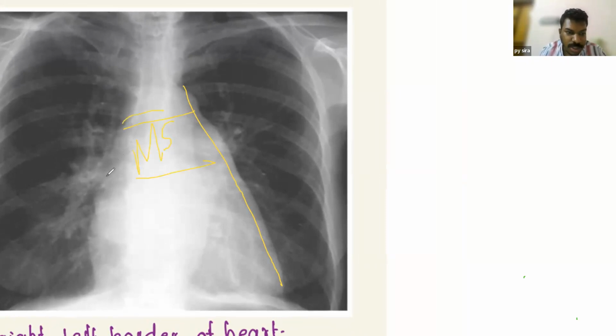In mitral stenosis, what is going to happen is, this is the heart of the patient. Because of the stenosis here, this part enlarges. When this part enlarges, this space increases.